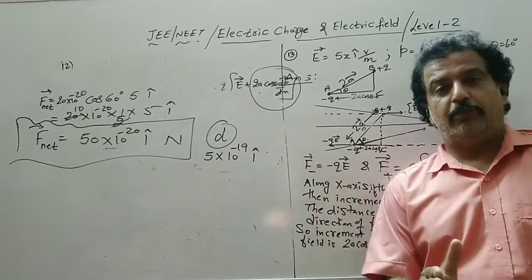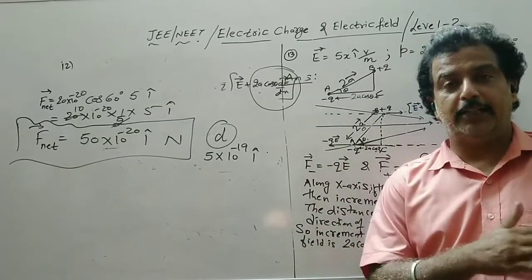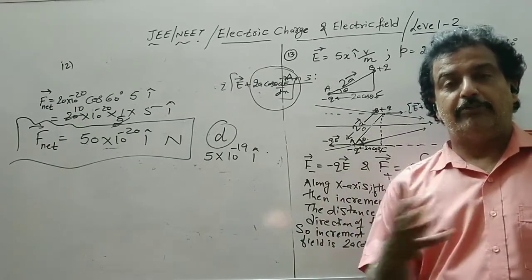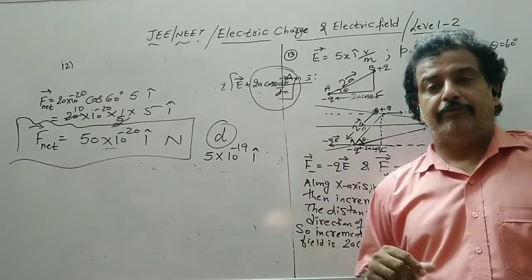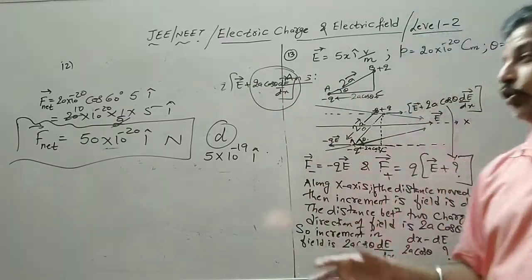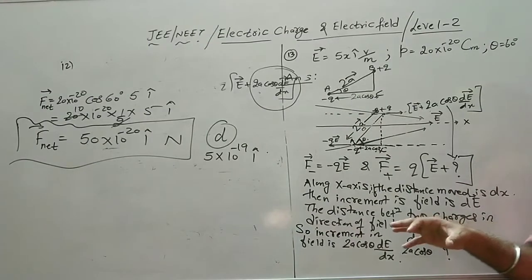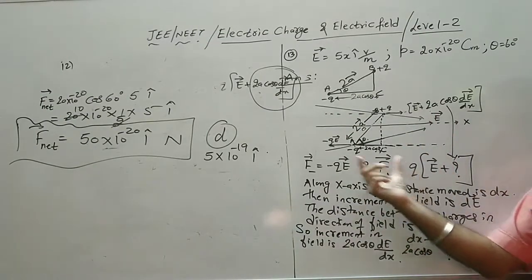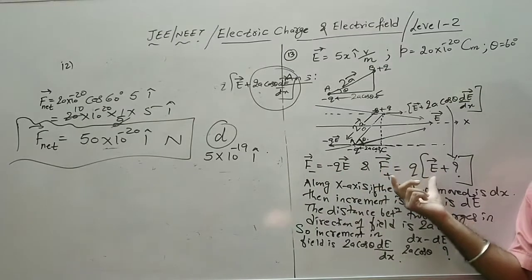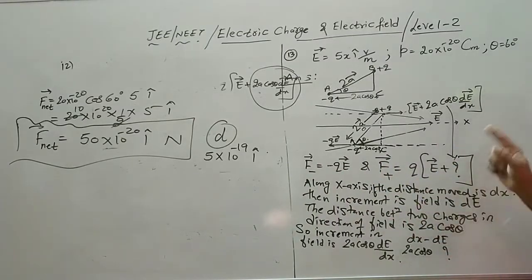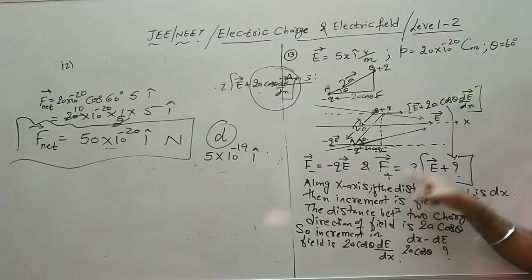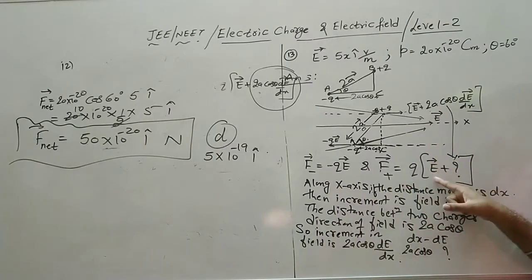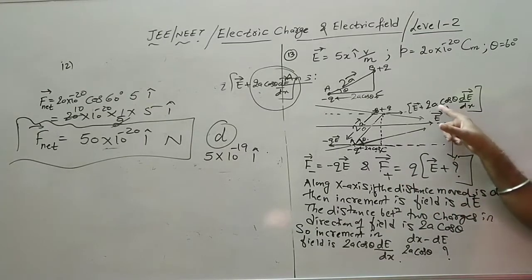Now if it is performing a translational motion in the direction of the field, what is the additional force acting on it? So resultant force will be found by subtracting F minus from F plus. Otherwise the additional force is QE plus 2AQ cos theta dE by dx.